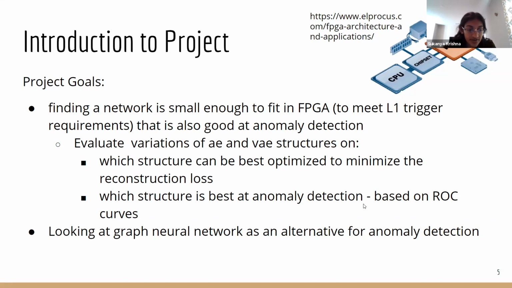And then another objective is specifically looking at graph neural networks, which are models that apply machine learning on graph structured data of nodes and edges as an alternative to convolutional or fully connected networks for anomaly detection.